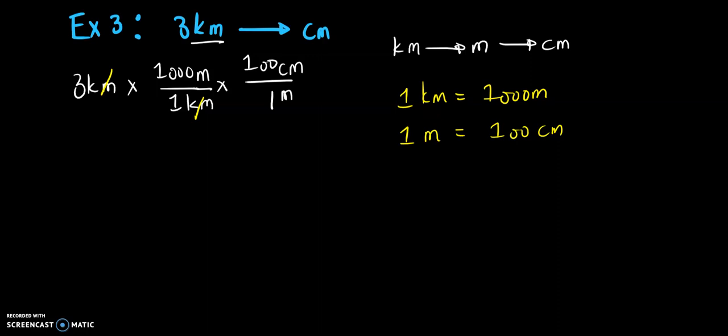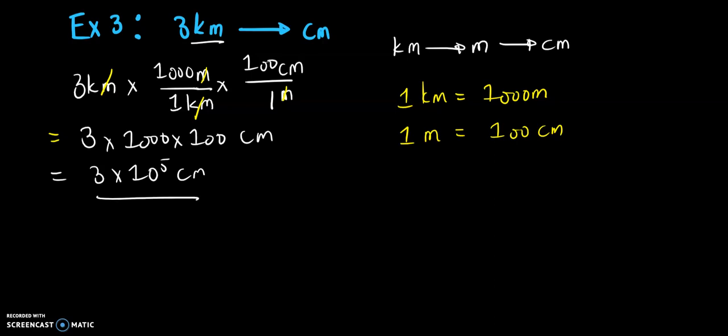And this is going to cancel out this, so we can progress cleanly from this to centimeters. That's the same as 3 times 1,000 times 100 centimeters. So that's 3 times the 5 zeros, 3 times 10 to the power of 5 centimeters.